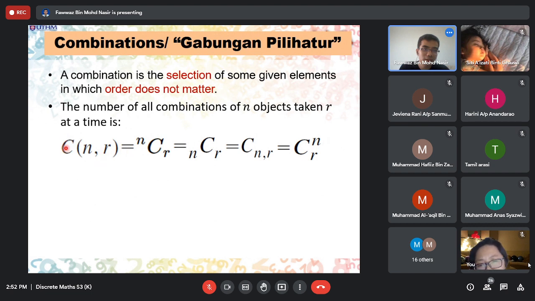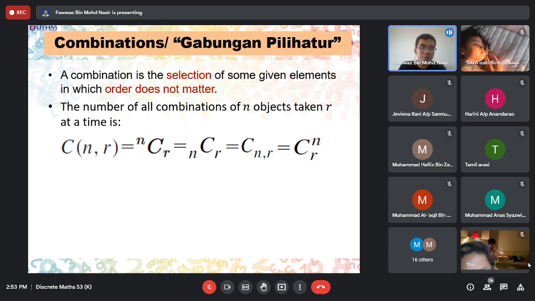Either tulis C(n,r), ataupun kita boleh tulis n sebagai subscript, nCr, ataupun kita tulis dia C, then n ke atas, r ke bawah. Okay, so dia ada banyak cara untuk denote combination.